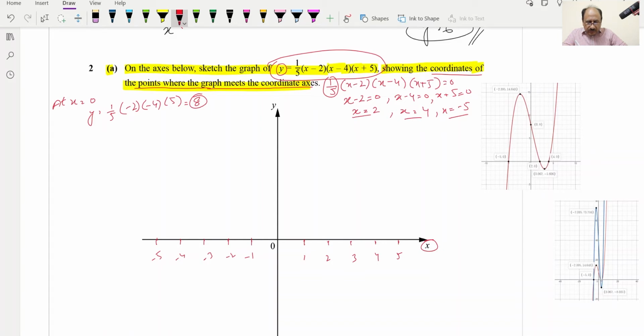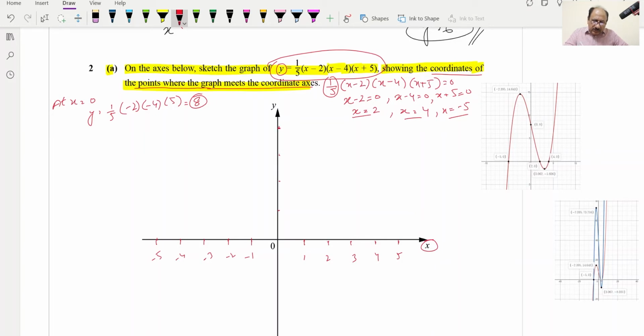So we can take y values as 2, 4 and 6, and we can take here 8.